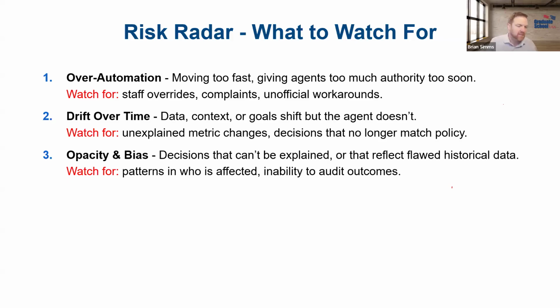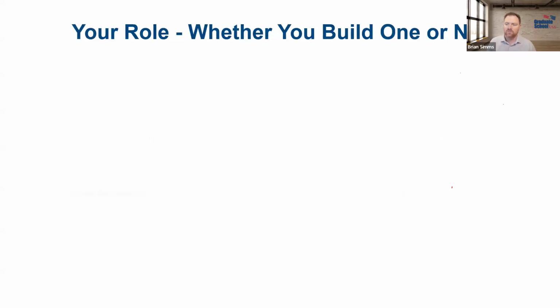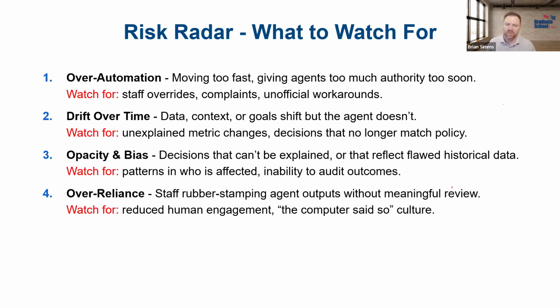And maybe this didn't matter or wasn't as noticeable when we were doing five of these a month, but now that we're doing 500, this is a much bigger deal. I can see in the data that these are the people who are often impacted by these decisions. So that's definitely something to watch out for. Oops, sorry. Go back. Oh, I gave away that big reveal at the end there.